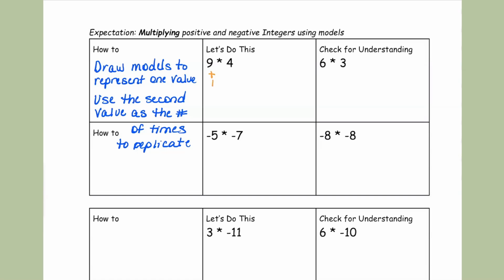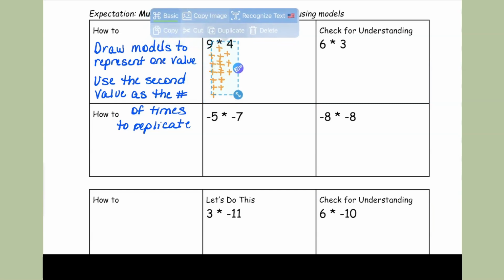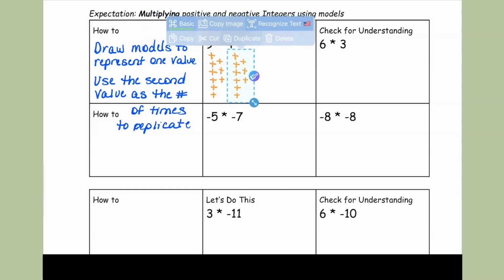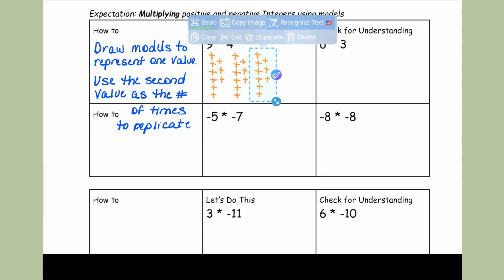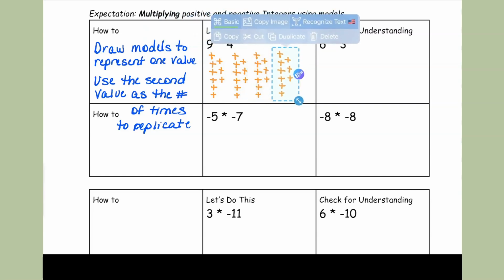All right, so the first thing that I'm going to do here is to draw 3, 4, 5, 6, 7, 8, 9 positives. Now, when I draw those 9 positives, I need to duplicate those 9 positives 4 times. So that's what you see me doing here. That's the second, that's the third, and that is the fourth.